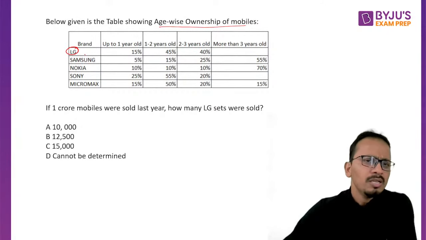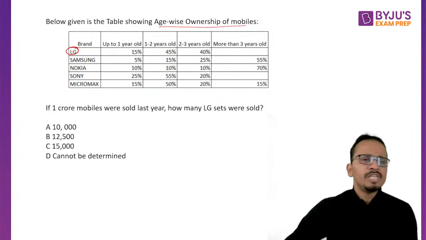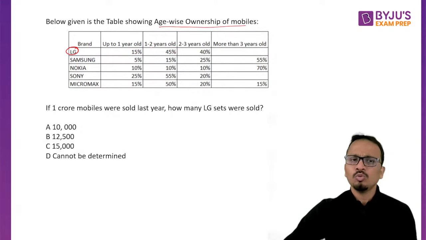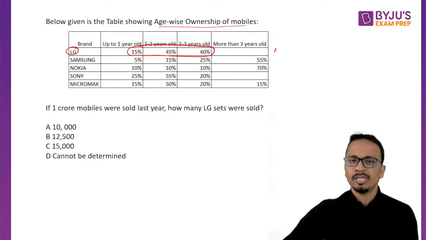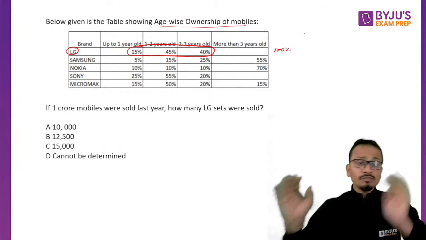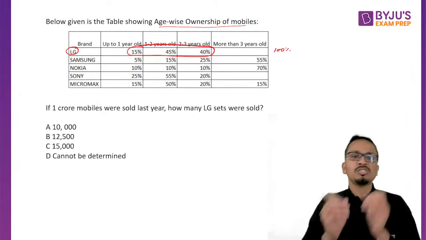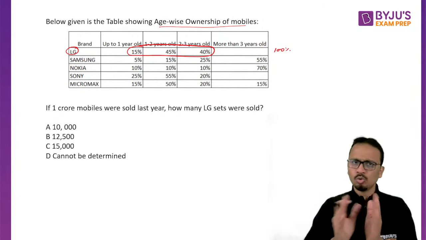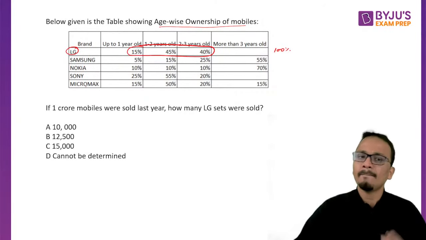Out of the total sets of LG which are sold, 15% are up to 1 year old, 45% are 1 to 2 years old, and 40% are 2 to 3 years old. If you add these percentages, they add up to 100 percent. Similar thing for Samsung, Nokia, Sony, and Micromax.